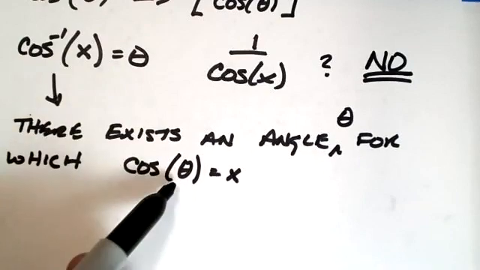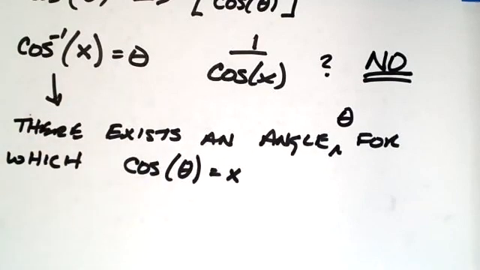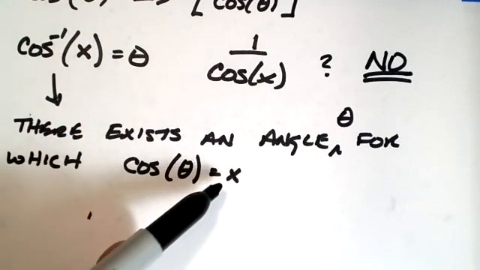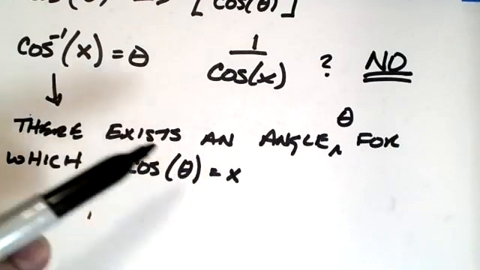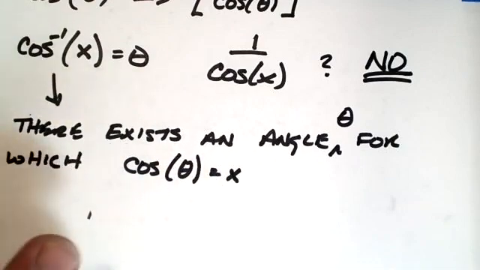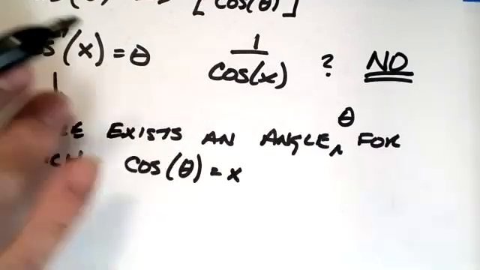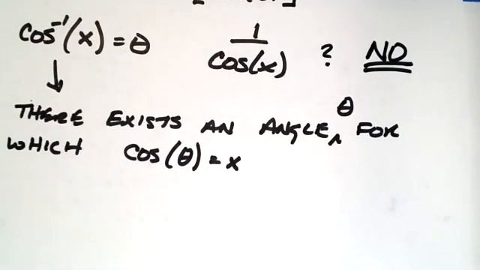The only difference is that cosine is not a so-called one-to-one function, so it fails the horizontal line test. And so there are many angles that might produce this value, whatever it happens to be. And so when we use the inverse function, we have to kind of restrict the domain, or restrict the range, so we're only going to get certain angles coming out of here.